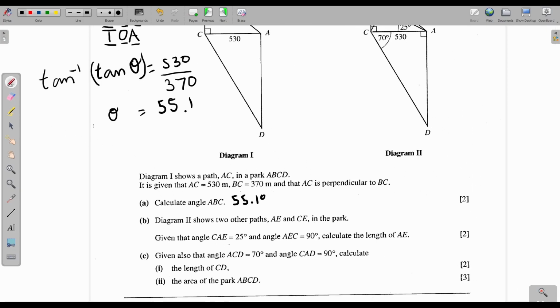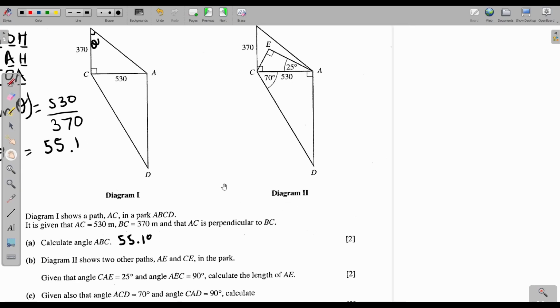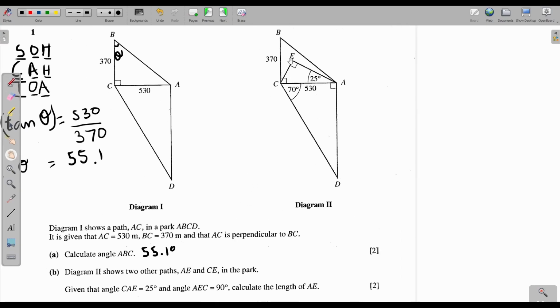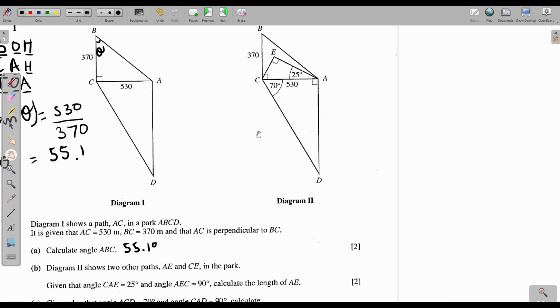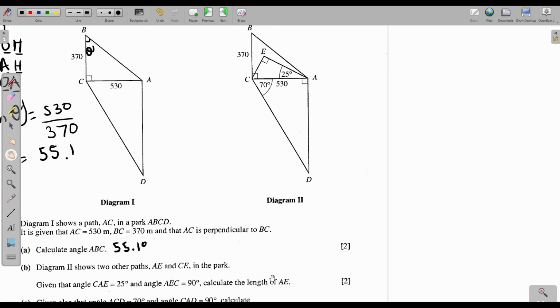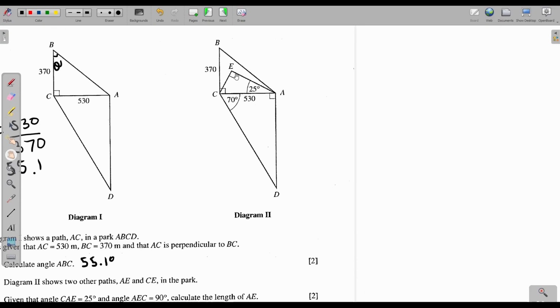Part B says, diagram 2 shows two other paths, AE and CE, in the park. Given that CAE is equal to 25 and AEC is equal to 90, calculate the length of AE. All right, so we need to get the length of AE. The first thing we can do is figure out this angle.